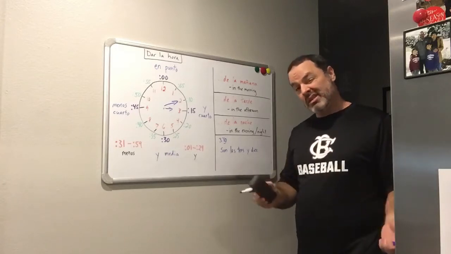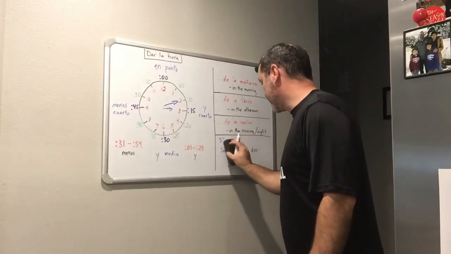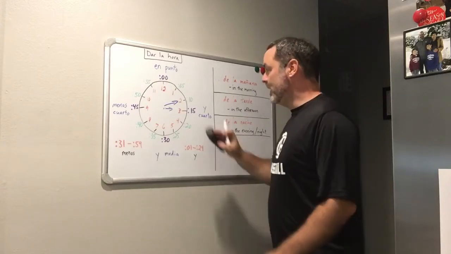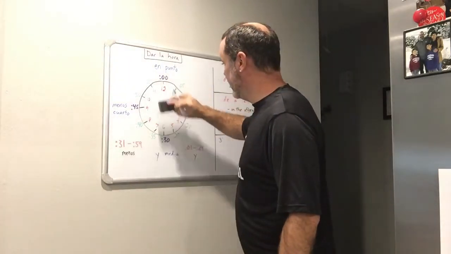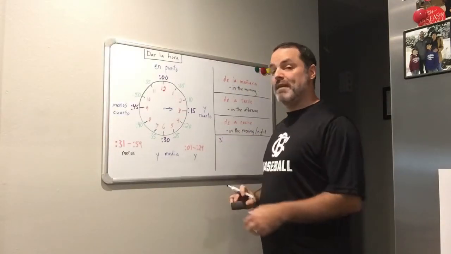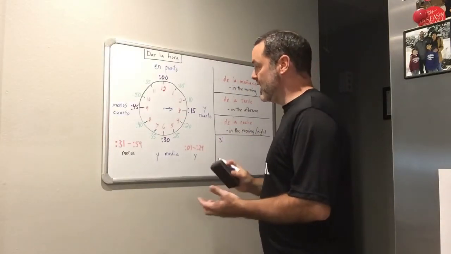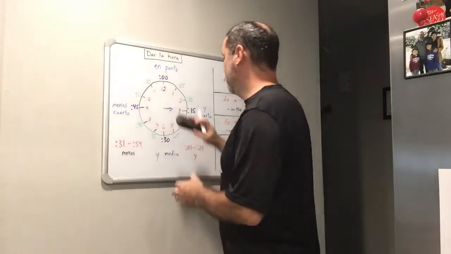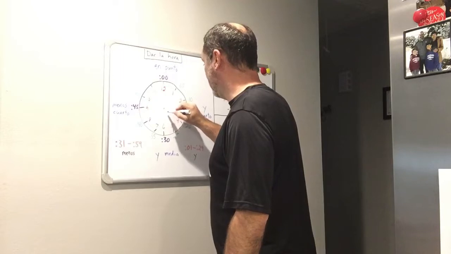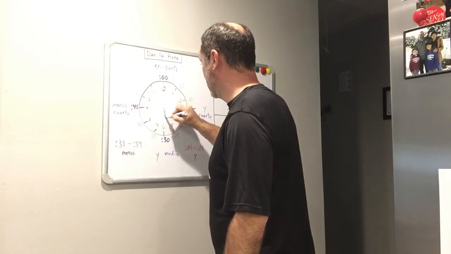Okay, now, let's get a little confused here. All right. So let's change the minutes, and let's go between 31 and 59. Okay, so let's say, let's put the little hand in between the 5 and the 6.